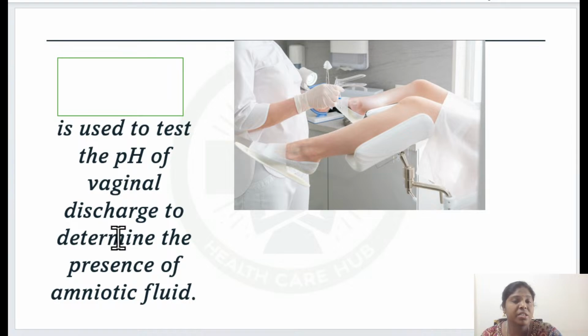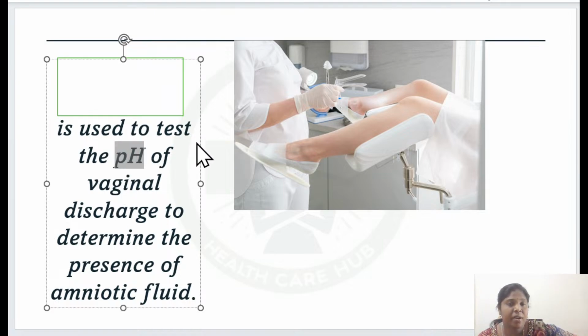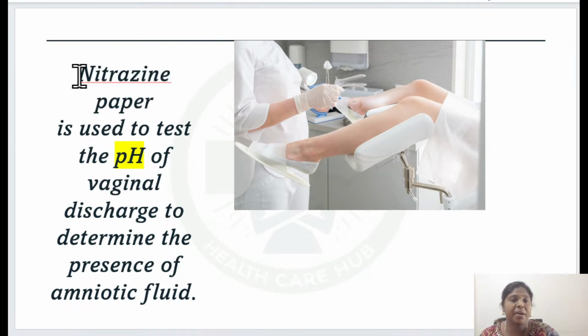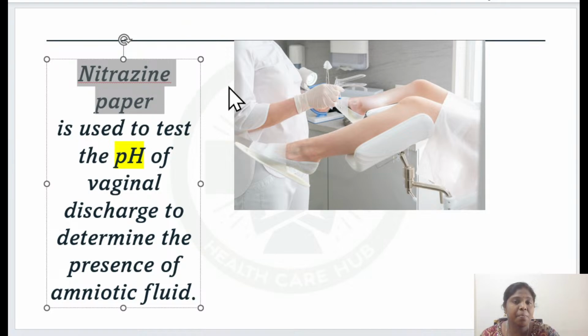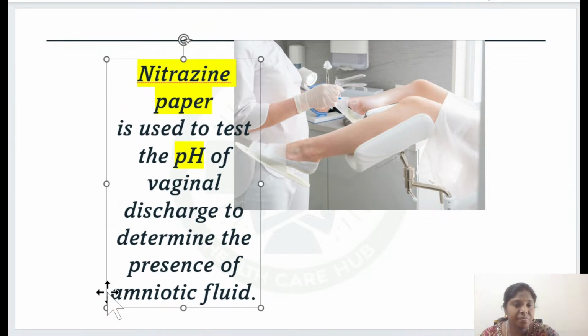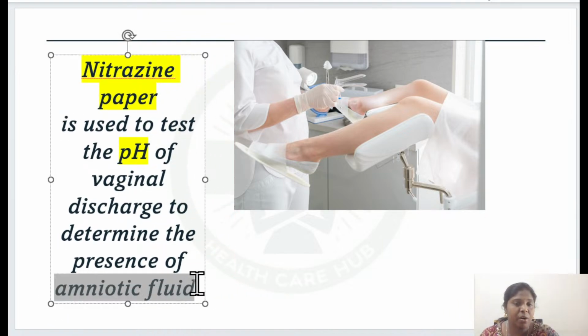What paper do we use to check the pH, the hydrogen ion concentration, whether it is acidic or neutral? That particular paper is known as nitrazine paper. The nitrazine paper will help to check the pH, and it will help us to know whether it is amniotic fluid or not.